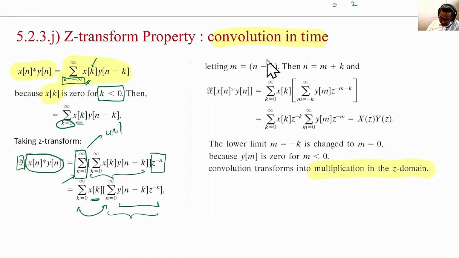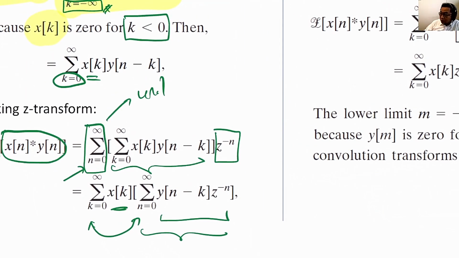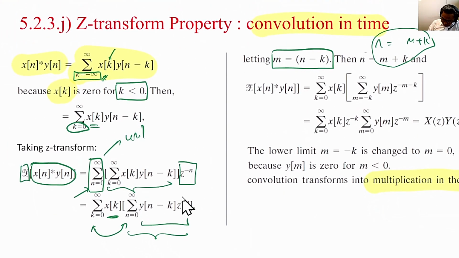Let's see what happens. We first let m equals n minus k, therefore little n equals m plus k. What we now do is change this expression of n minus k to become m, and little n becomes m plus k.